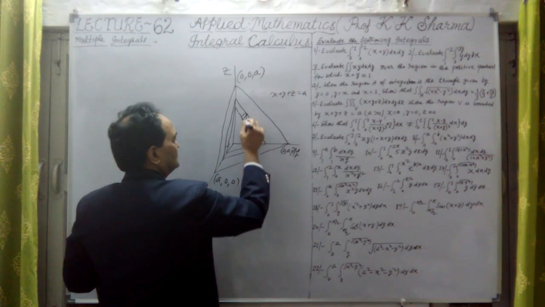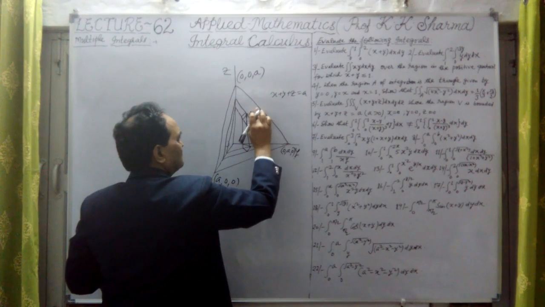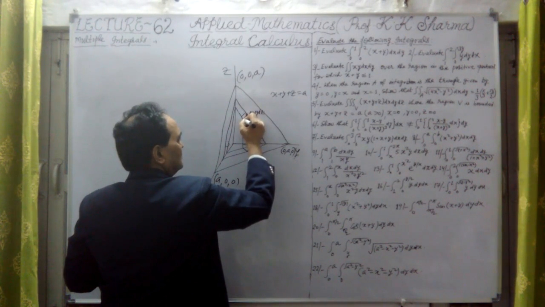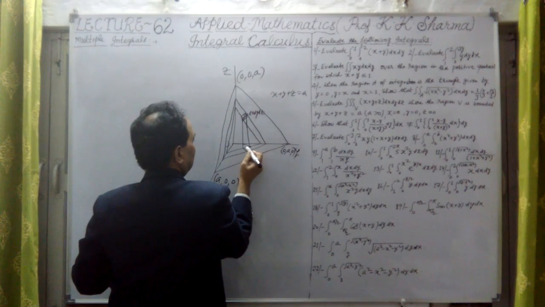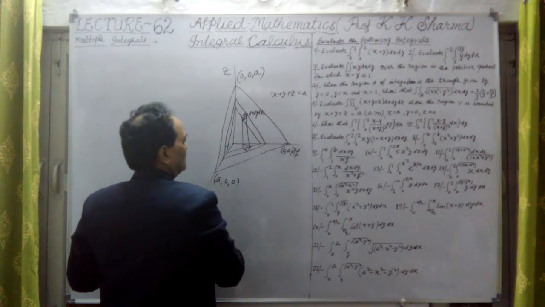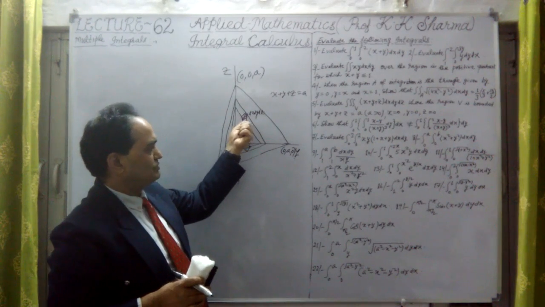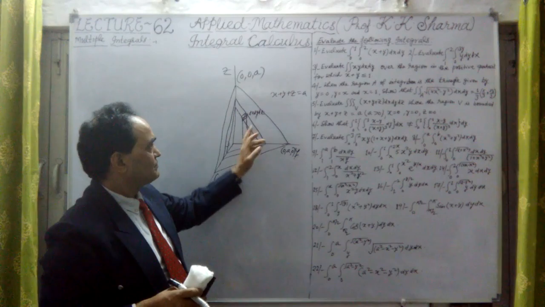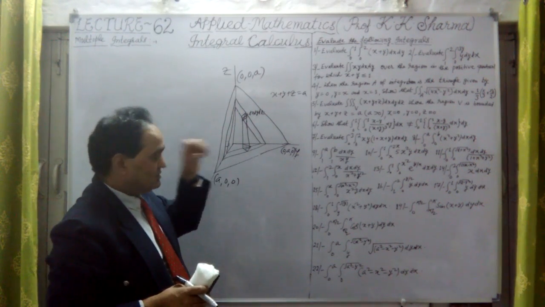This is dx dy dz. If I take this strip as a smaller volume, you may say a cylindrical volume, it has volume dx dy dz. This is what we have taken.